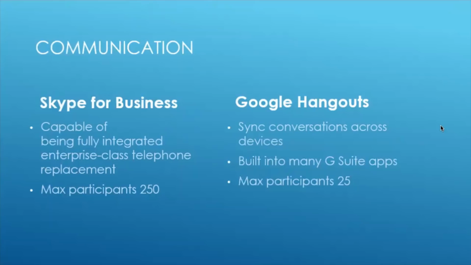So if you wanted to set up Skype for Business to be your enterprise phone system, that is an option with the Office 365 product suite. Because it is so integrated into the Office 365 product suite, it gives you a lot of additional functionality as far as scheduling meetings, communicating about the meetings, about phone calls, sharing files right from any of the other items in the product suite, so on and so forth.